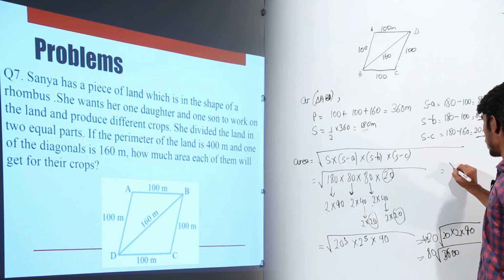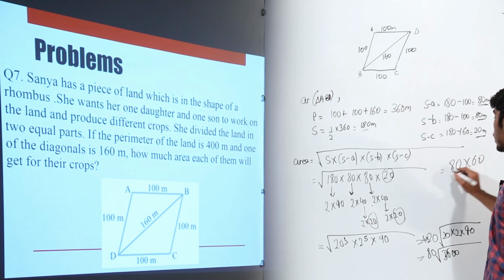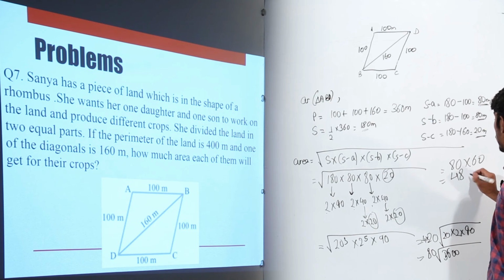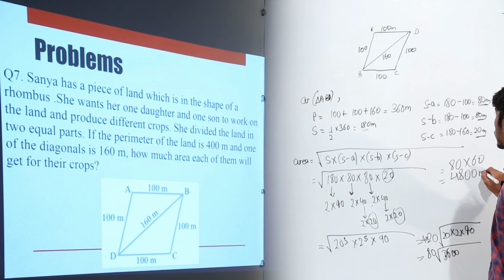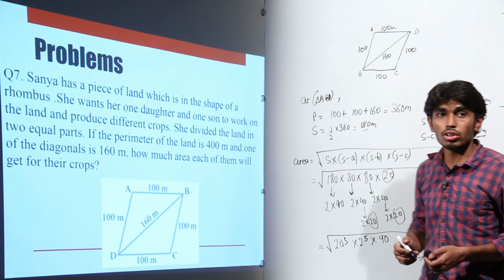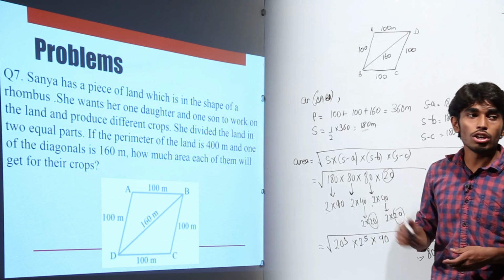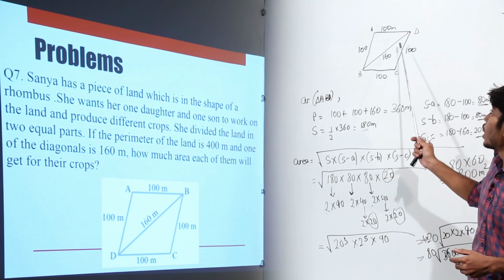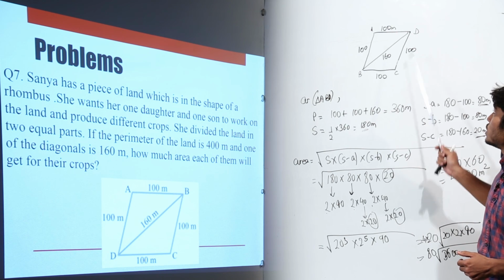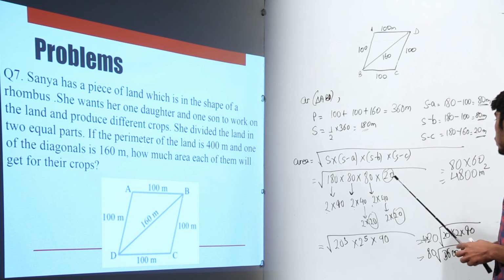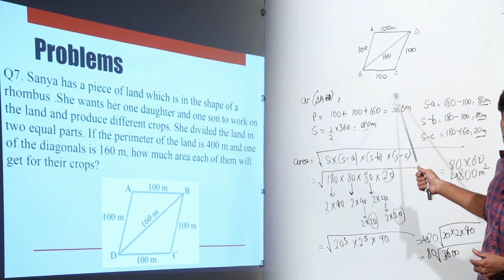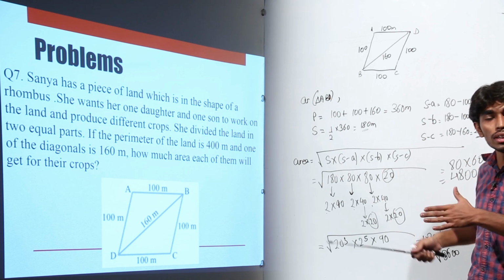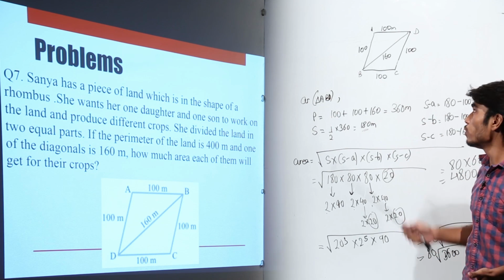So this is 80 into 60, that is 4800 meter square. So the area of the triangle is 4800 meter square. Similarly, the area of the second triangle BCD would be 4800 meter square, because a rhombus when divided by a diagonal divides into two triangles of equal area.